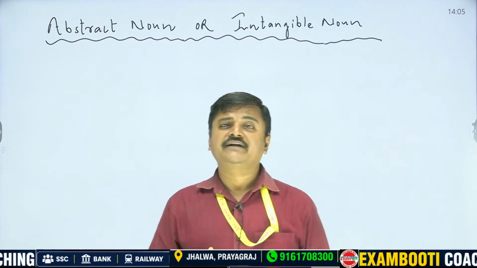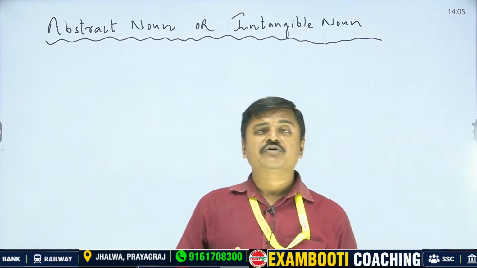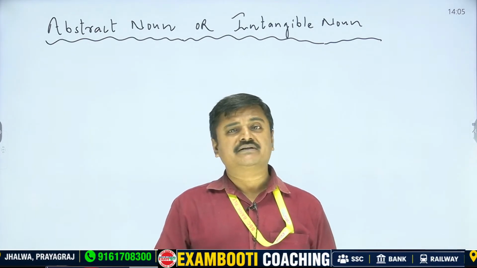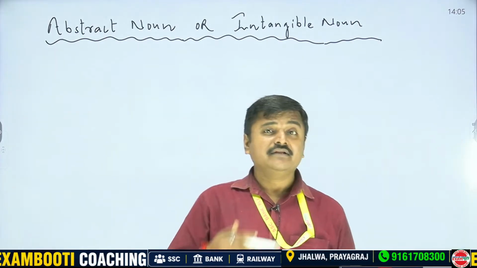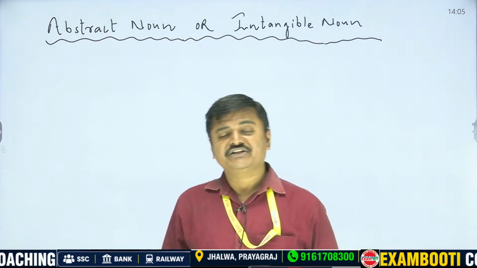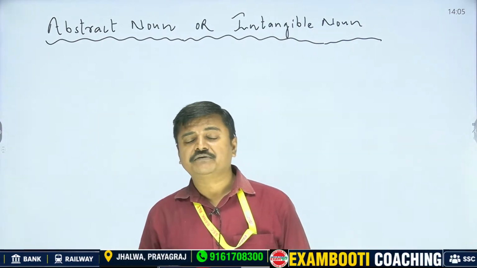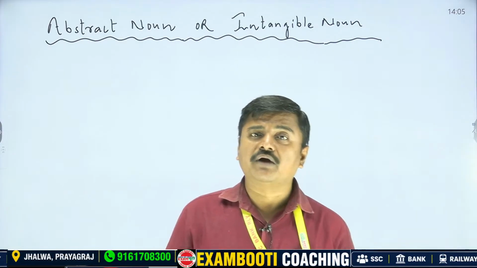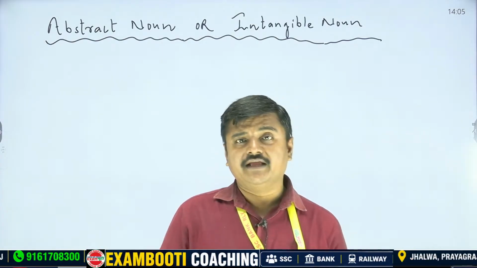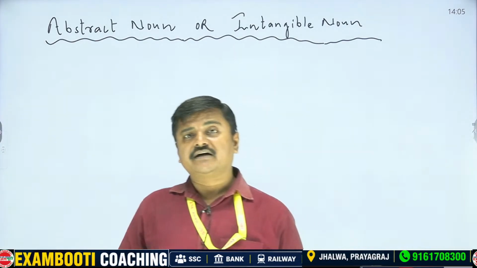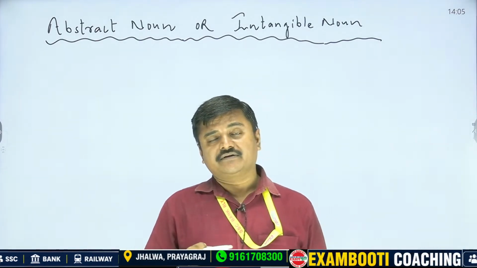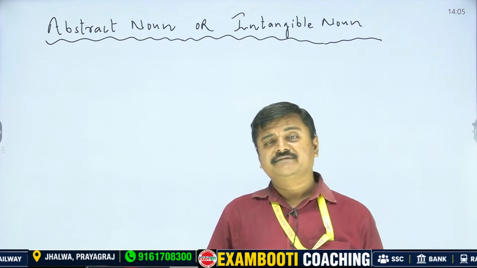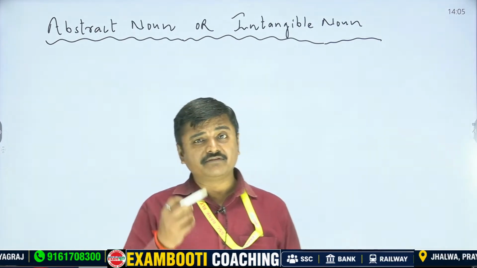A noun that denotes the quality or state of a person, place, or thing is known as an abstract noun. We all know the definition, we have learned the definition, but still we are not able to identify it. Why? Because there is a word that confuses most of the students, and the word is quality.